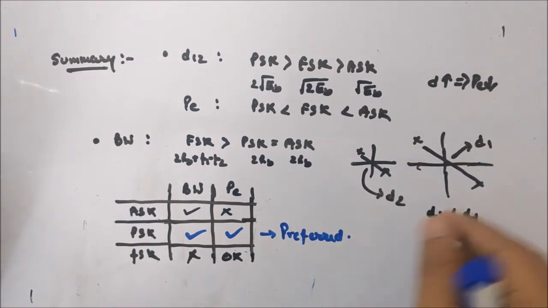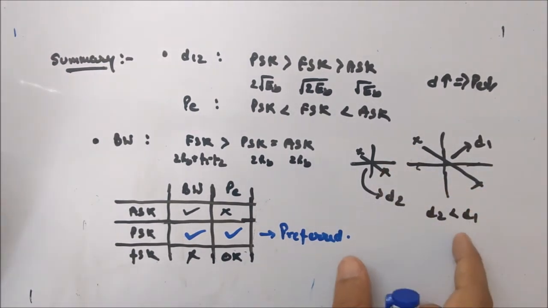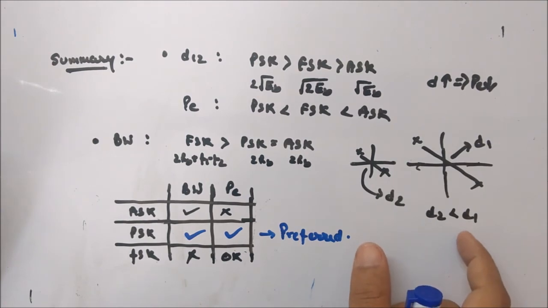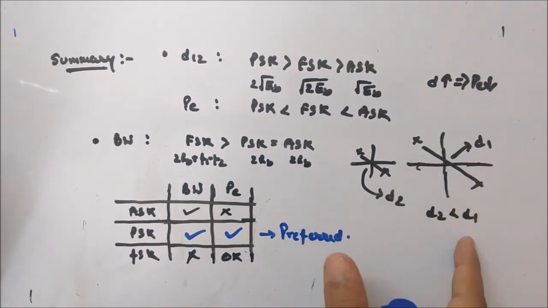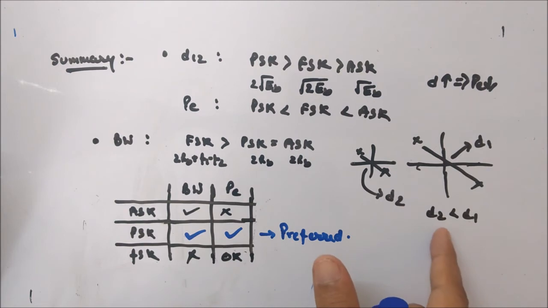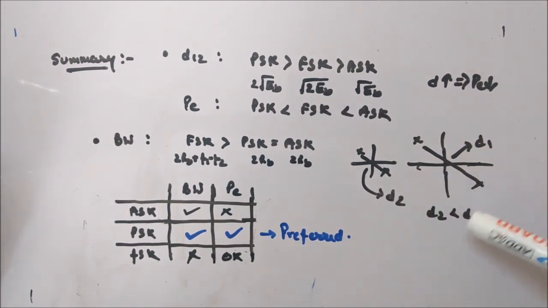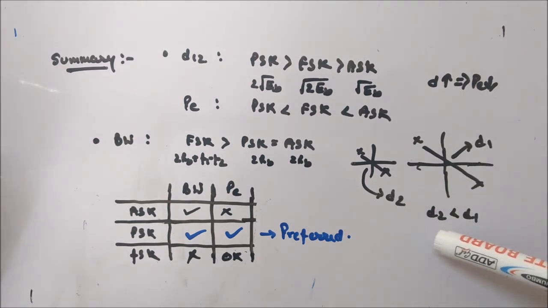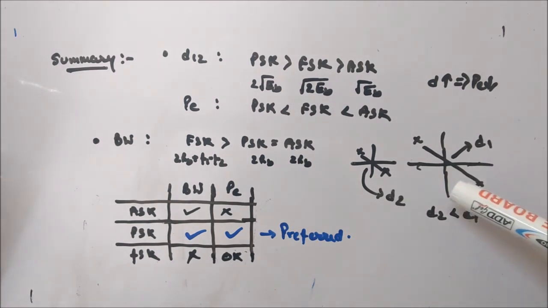The distance is far higher for D1 than D2. Since D2 is less, the probability of error will be high, and for D1, since the distance is higher, the probability of error is less.